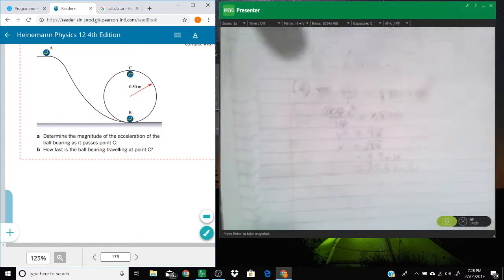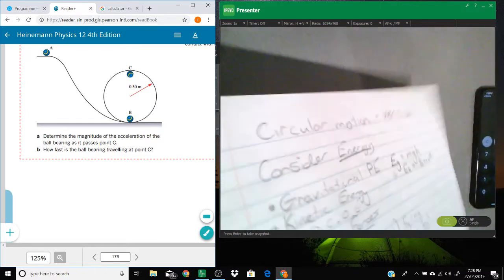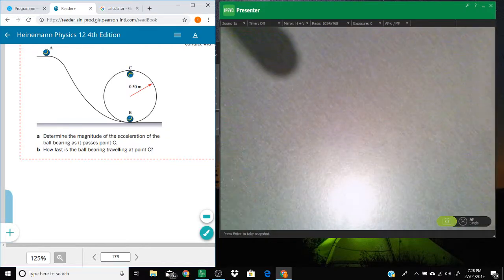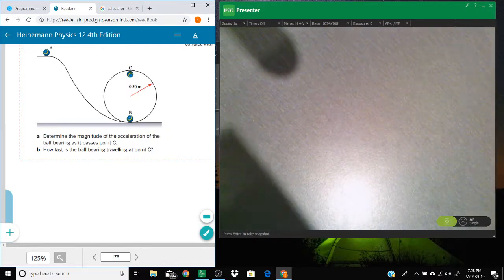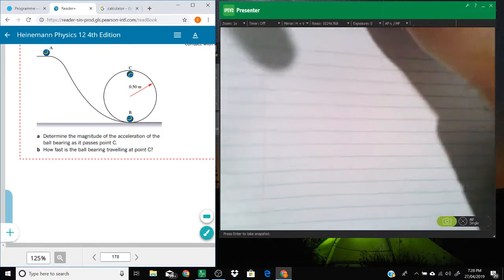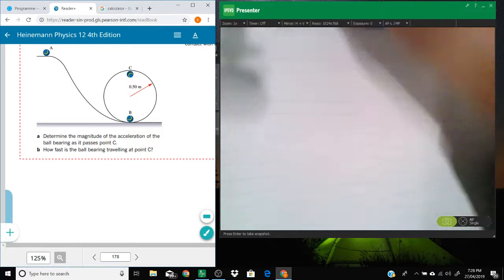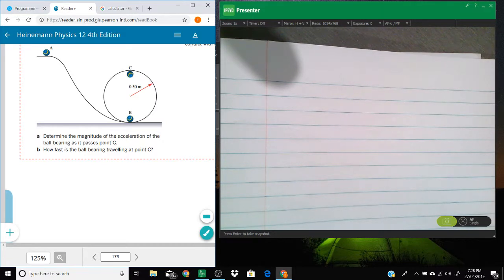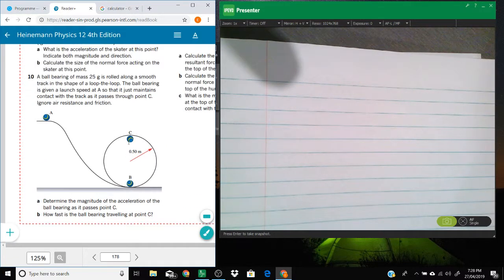Next page. Okay, going to switch page up. New page. So question 10. This one here. Let's just set that up.